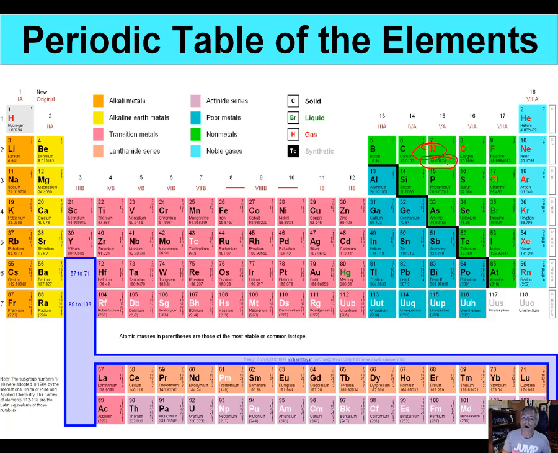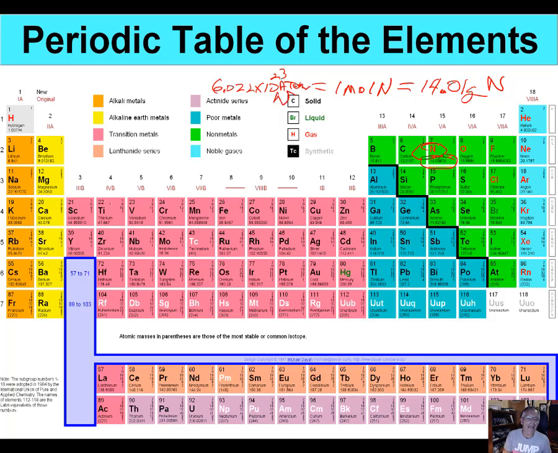Now, if I'm talking about moles, if I have 1 mole of the element nitrogen, that means that I have, and I'm going to go ahead and round this to 2 decimal places, 14.01 grams of nitrogen. So 14.01 grams of nitrogen equals 1 mole of nitrogen. And if I have 1 mole of nitrogen, I have 6.022 times 10 to the 23rd atoms of nitrogen.